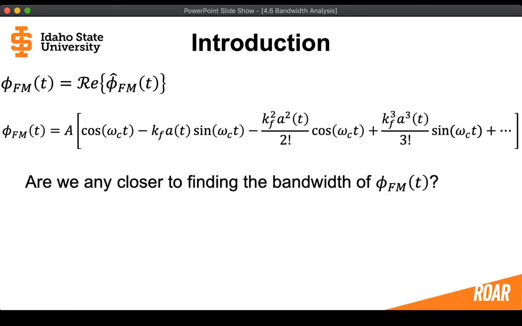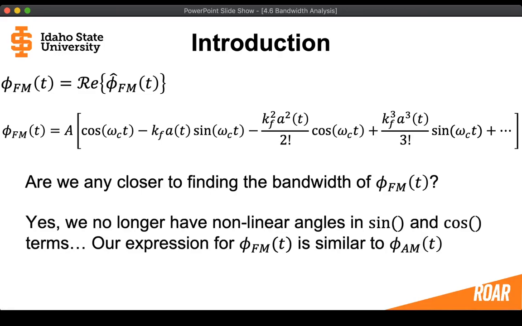By applying this power series expansion, we were able to move that nonlinear a(t) from being inside the argument of sine or cosine to being in front of it. So we were able to move it to being that amplitude. All right, so we're getting a little bit closer, and now we can see that our expression for the FM modulated signal is pretty similar to the amplitude modulated signal.